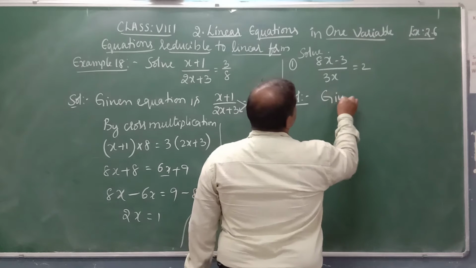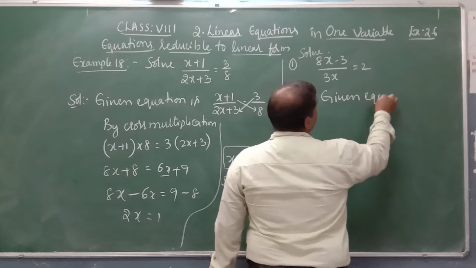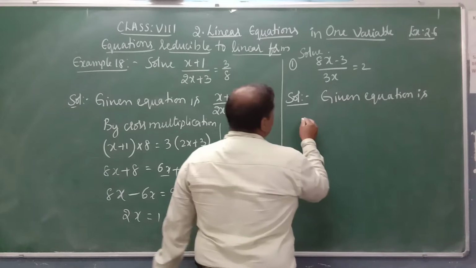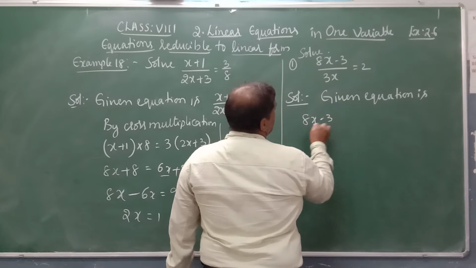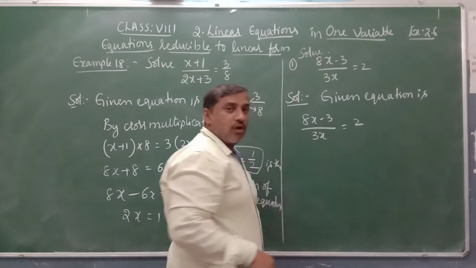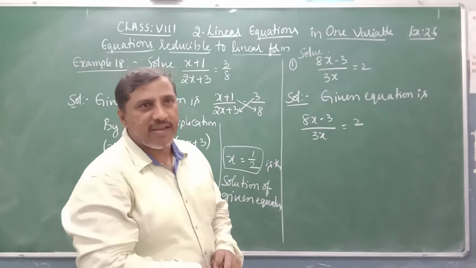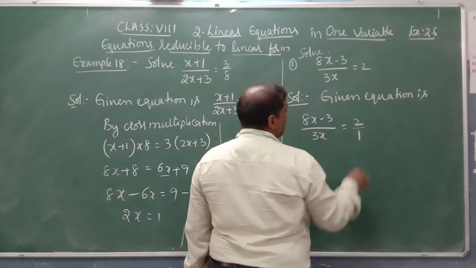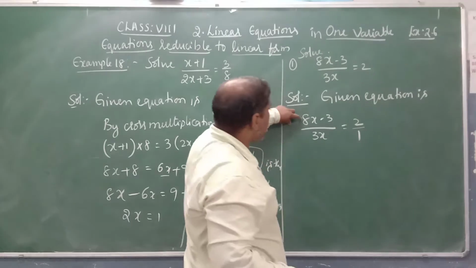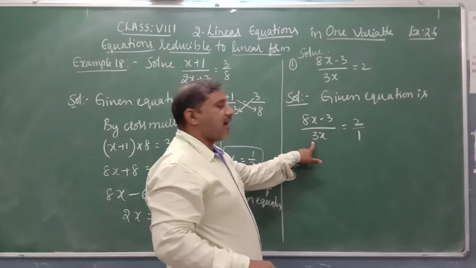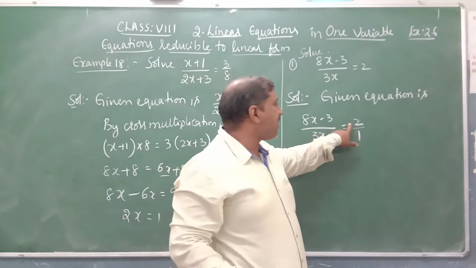Yes. The given equation is (8x minus 3) divided by 3x is equal to 2. Write 2 in the p by q form, that is, rational form. 2 means 2 divided by 1. Now on the left hand side the numerator is 8x minus 3 and on the right hand side the numerator is 2.